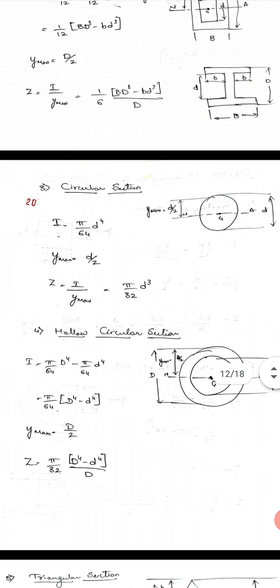For hollow circular section, hollow, that is a pipe. So it has two diameters, outer diameter, inner diameter. Outer diameter is given by capital D. Inner diameter is given by small d. Neutral axis is NA from center, and y max is D by 2.